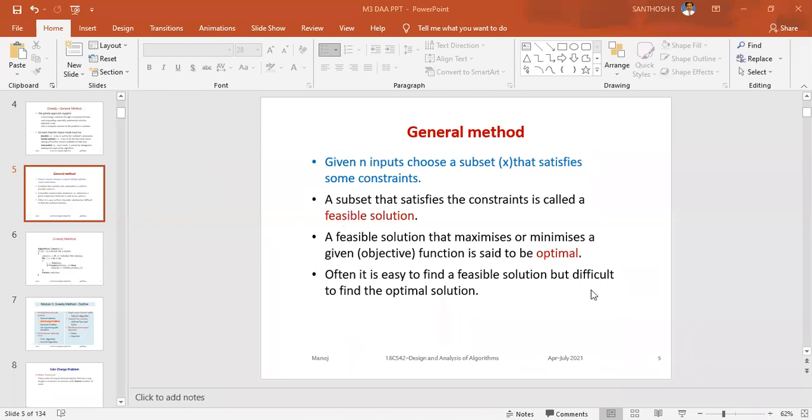So from 8 feasible solutions, how many optimal solutions will you find? Yes, answer in the chat box. For n equals 3, 8 subsets. So for 8 subsets, how many feasible solutions and how many optimal solutions?